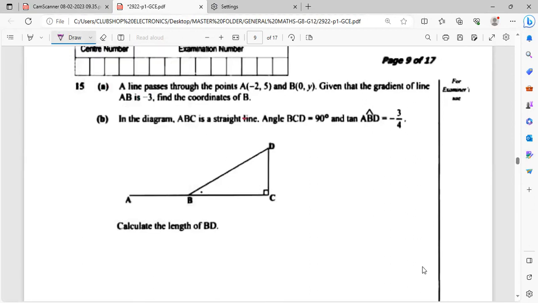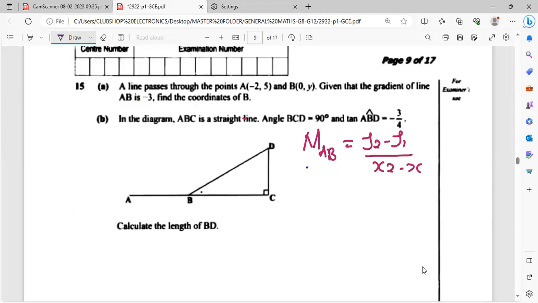The line passes through these points. Given that the gradient of AB is that, find the coordinates of B. So they are talking about gradient, and we know that the gradient of line AB is y2 minus y1 divided by x2 minus x1.